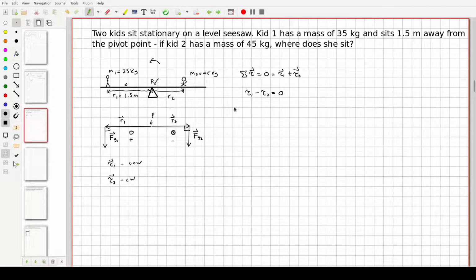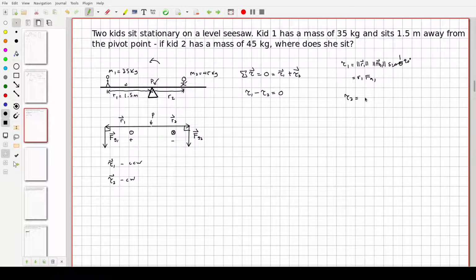Now let's talk about what the torques look like. Torque 1 is going to be R1, F1, or FG1 rather, sine of the angle in between. And the angle in between here is 90 degrees. So this is 1. So it's just R1 times FG1.